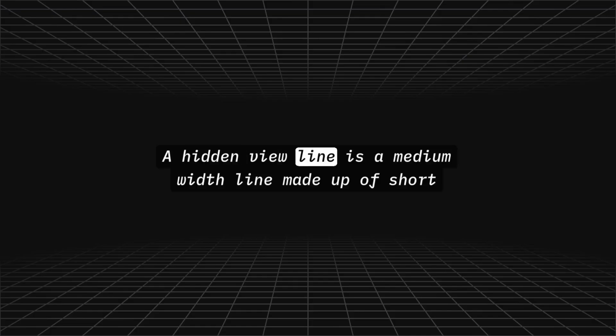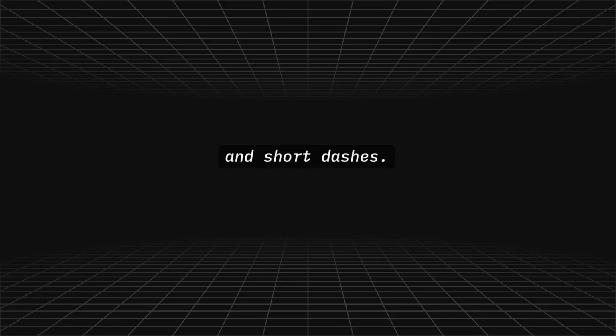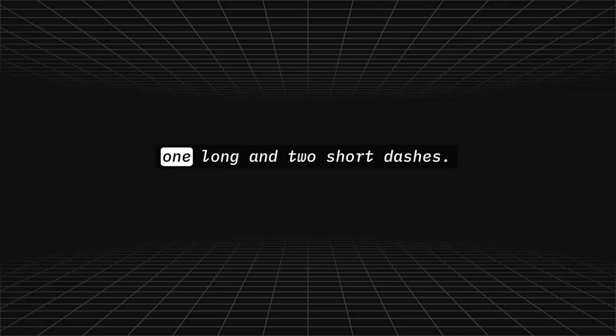A hidden view line is a medium width line made up of short dashes. Center lines are thin lines composed of alternating long and short dashes. Alternate position lines are medium width lines composed of one long and two short dashes.